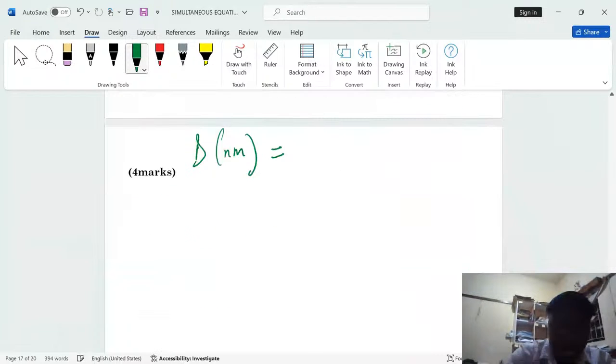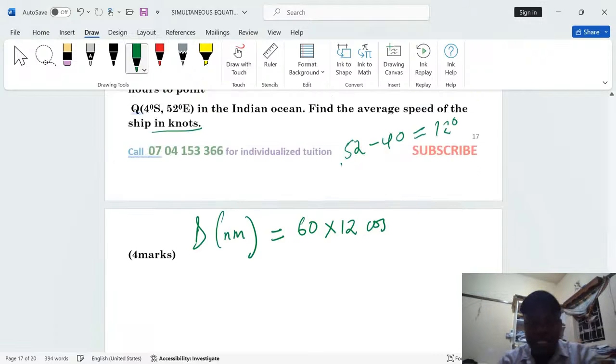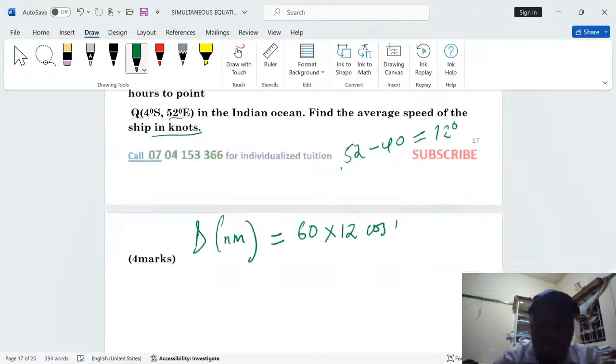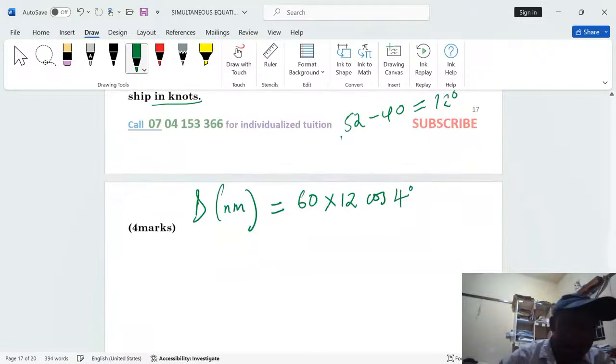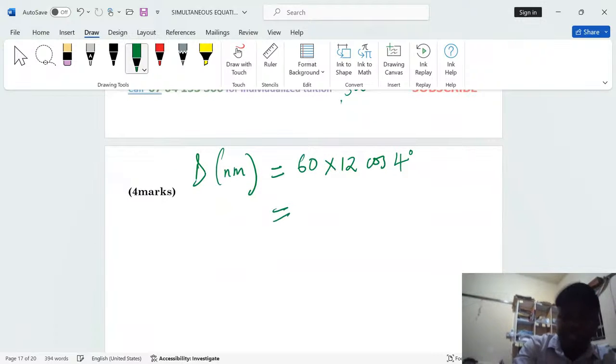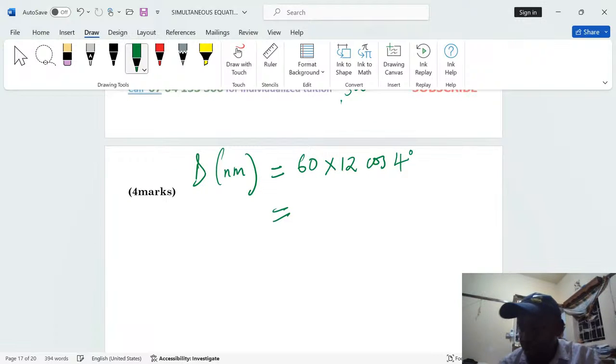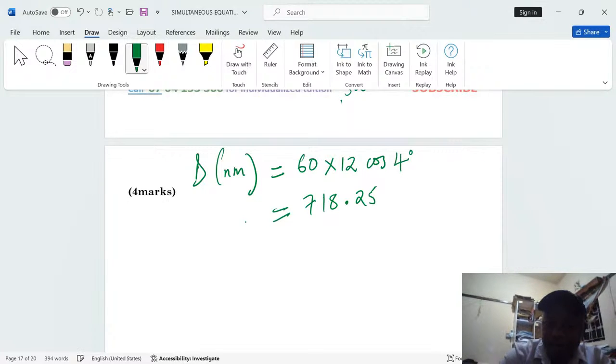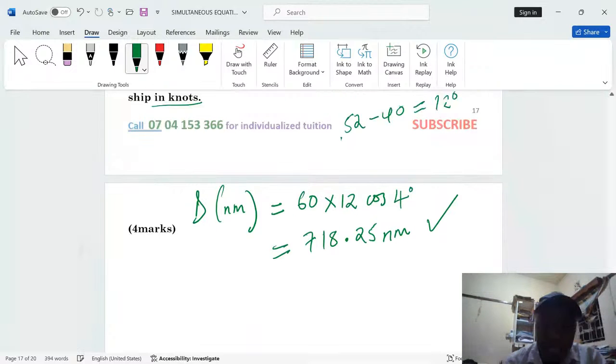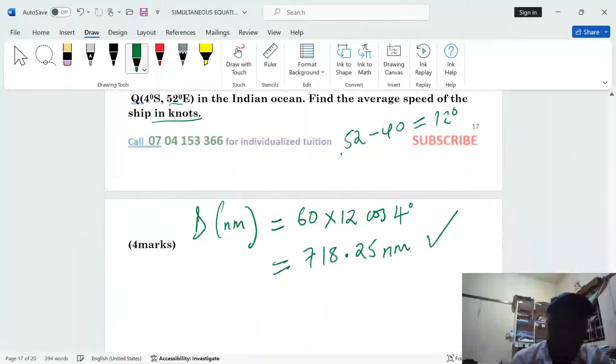So the angle difference is 12. So 60 times theta, 12, cosine of the latitude along which the movement is happening. And this is latitude 4 degrees, so cosine of 4. And when we compute this distance, it's going to be 718.25 nautical miles.